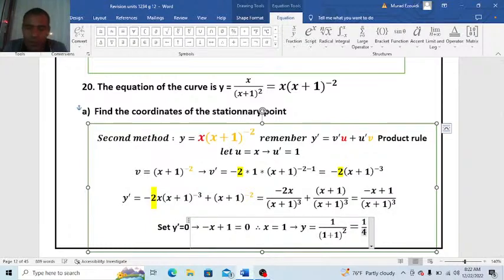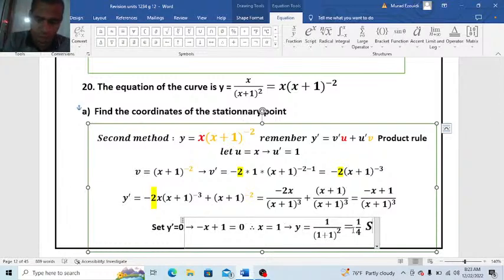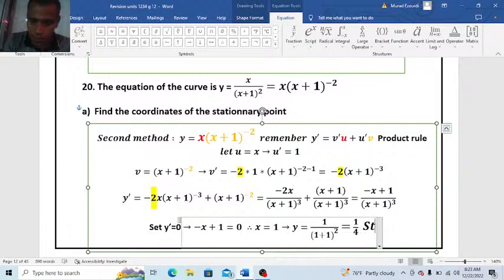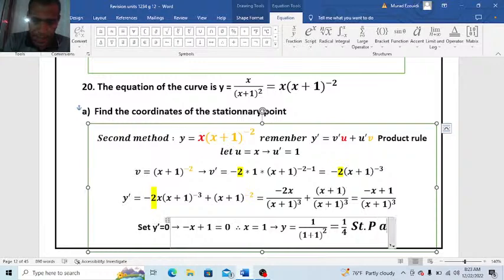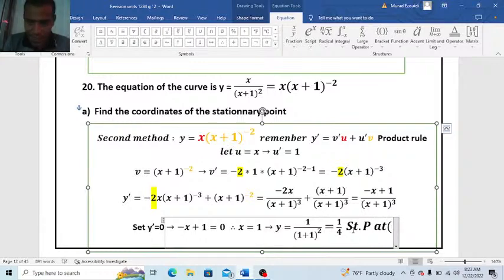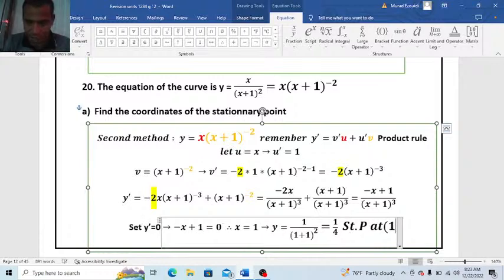Now if you want to conclude, you will say that my stationary point occurs at x equal 1 and y equal 1 over 4. Therefore, the stationary point, learners, occurs at open parentheses, x is 1 and the y value is 1 over 4.